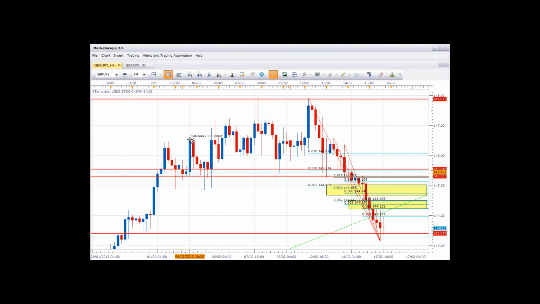About 110, approximately 110. 143.56 plus about 100, 144.56, 144.49. So approximately about the 38.2%, around that area. 38.2, about 144.49, all the way to 144.74, which makes sense, around the 38.2 of the big move to the upside.